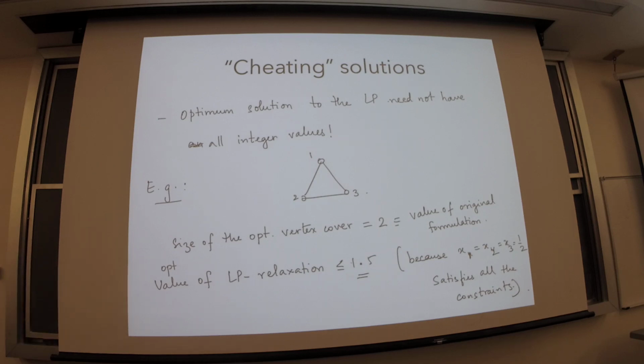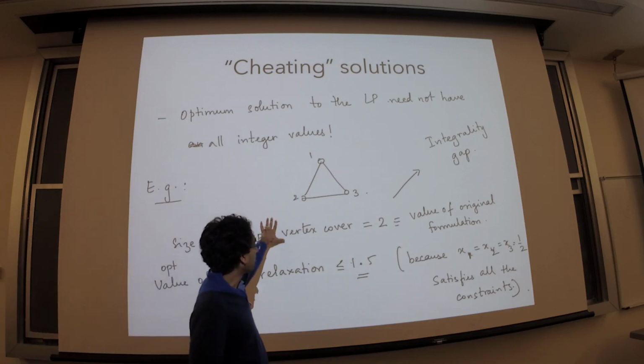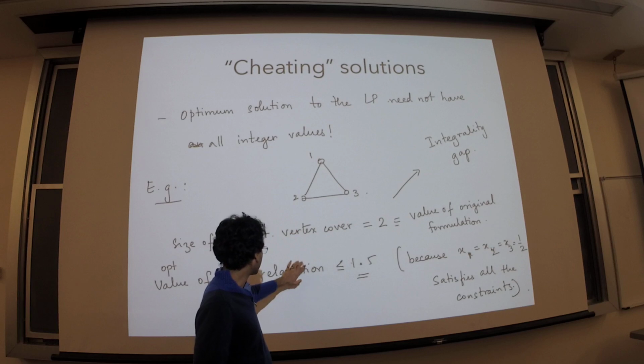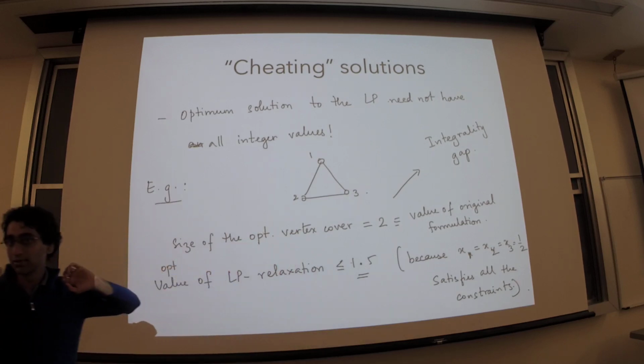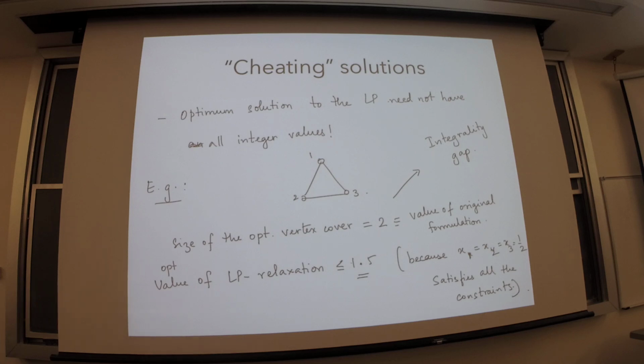This sort of thing is called the integrality gap. The ratio between the true optimum value and the optimum value of the LP relaxation is often called the integrality gap. As the name suggests, in some sense, it is the gap between an integral solution and a fractional solution.